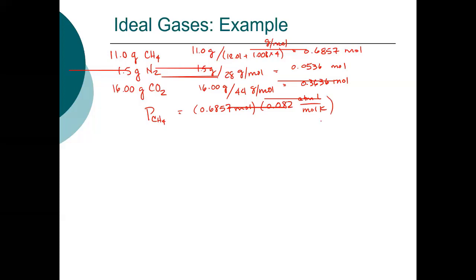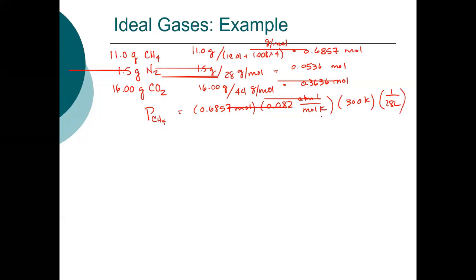You'll find that I prefer using that set of units for the ideal gas law. That is times the temperature and divided by the volume.